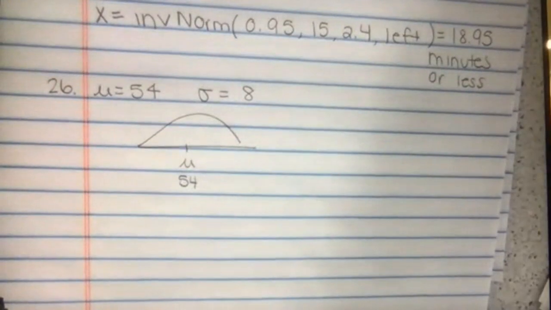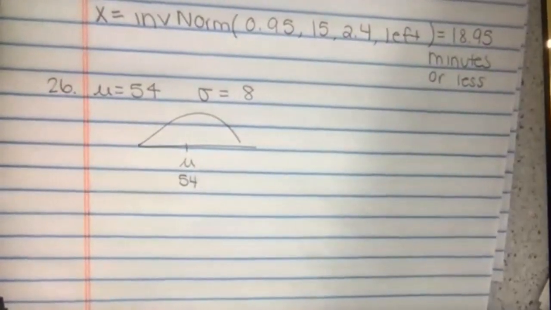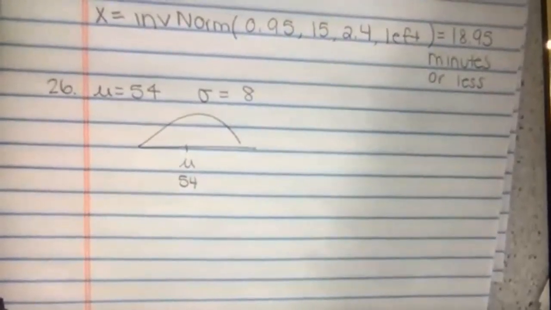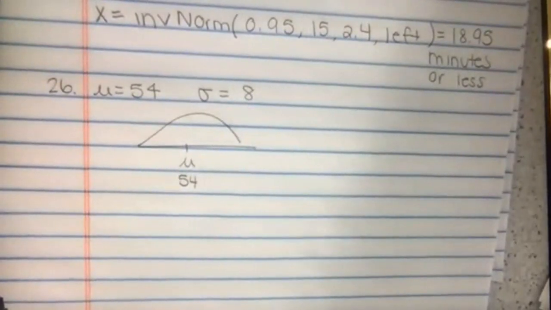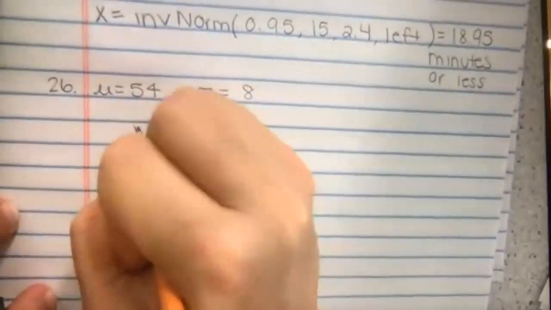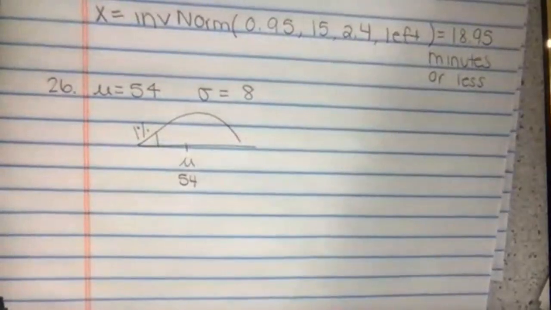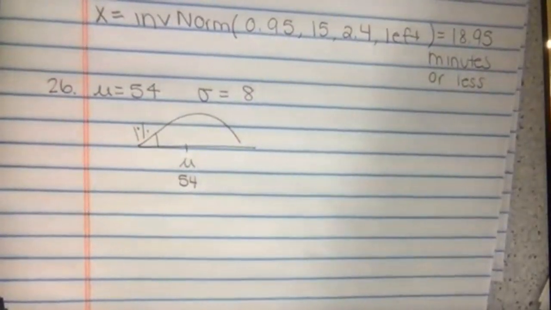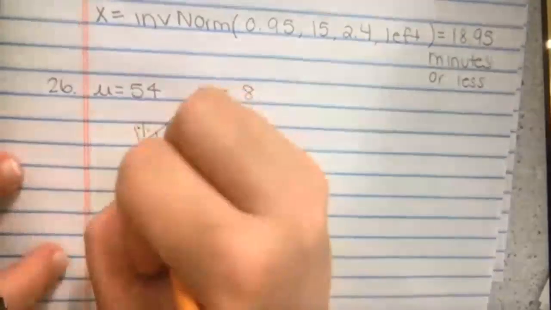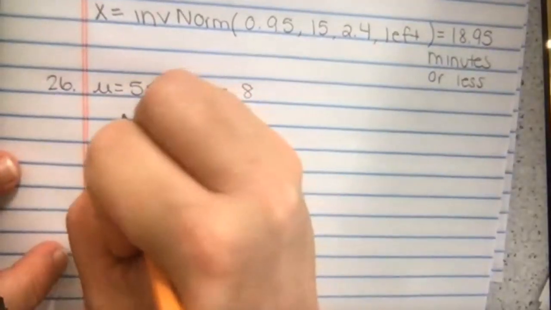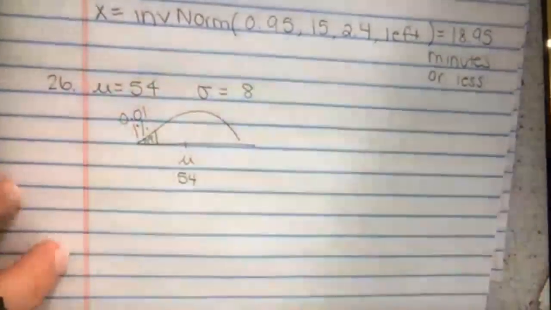And if it's warranty, that means that our lifespan is less than 54 months, right? So this time our 1% is going to be the left tail. That means your calculator is breaking before the warranty period. So that's why it's going to be our left tail. So our left tail here is 1%, which is 0.01.